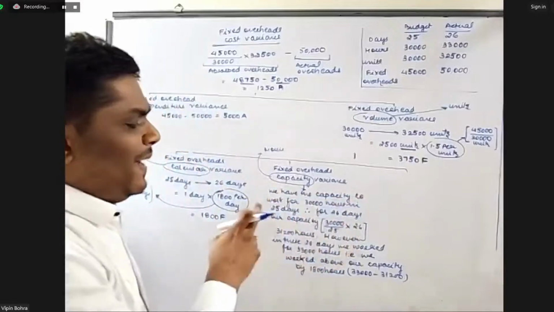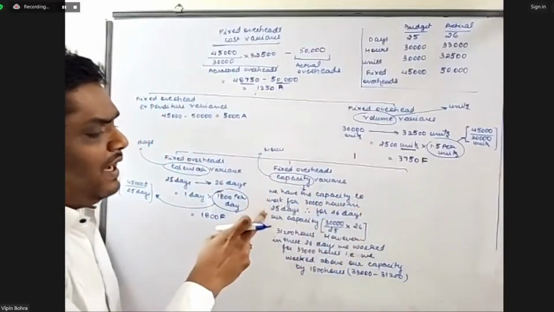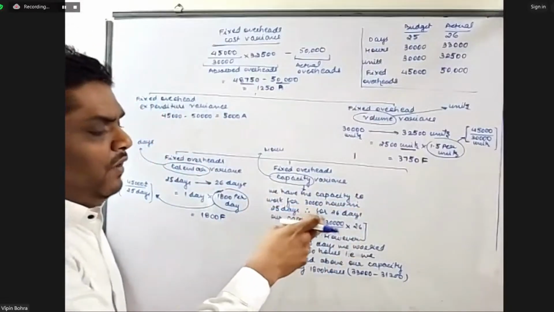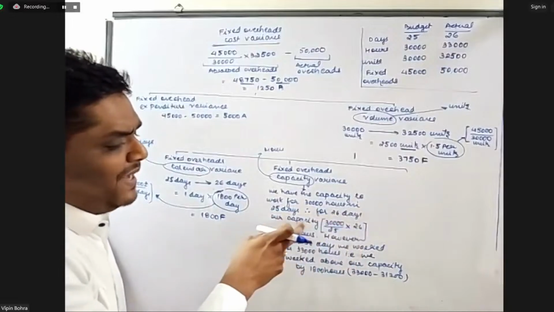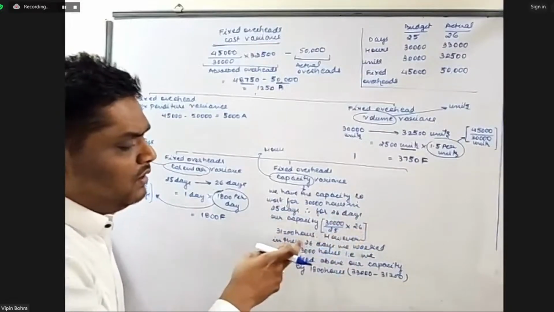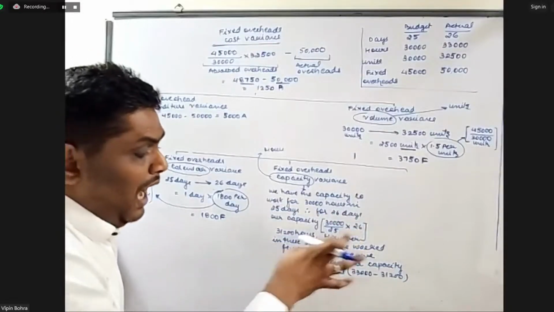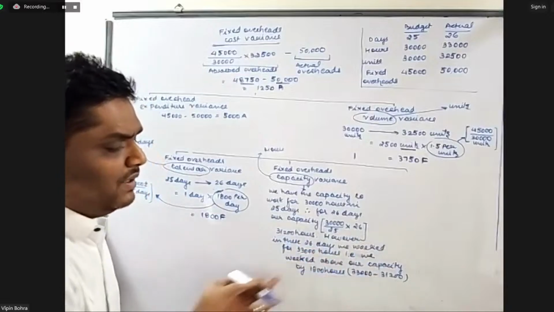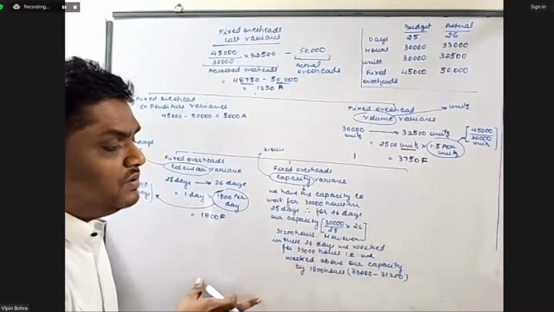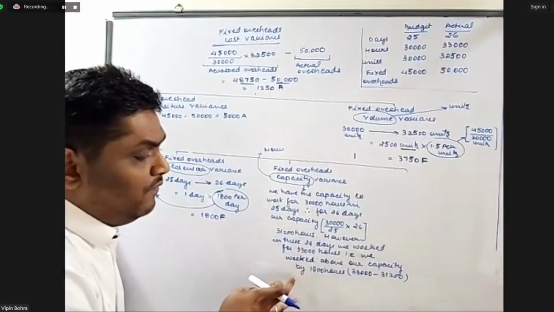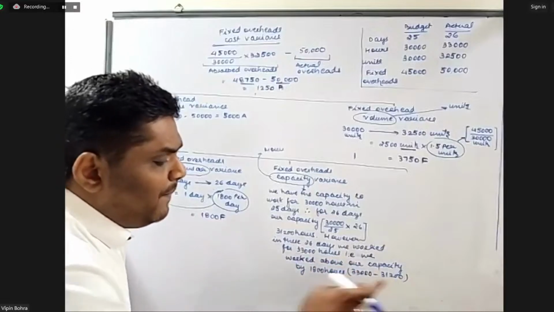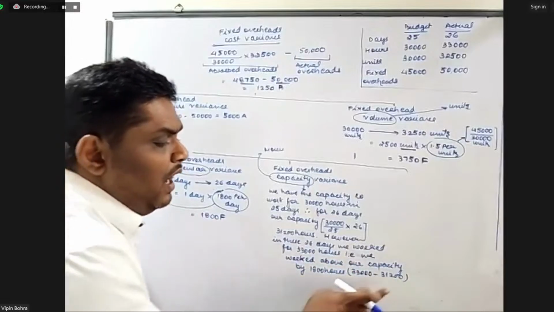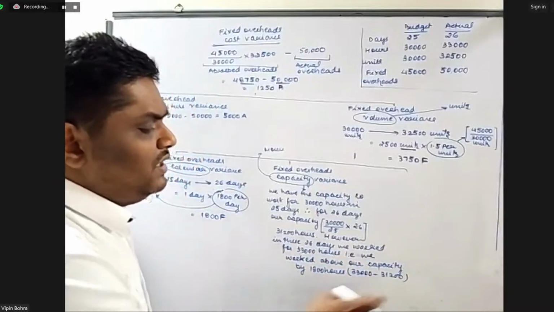So we have the capacity to work for 30,000 hours in 25 days. Therefore, for 26 days, our capacity was for how many hours? 31,200 hours. However, in these 26 days, we work for 33,000 hours. That is, we worked above our capacity by 1,800 hours. How come 1,800 hours? 33,000 minus 31,200.